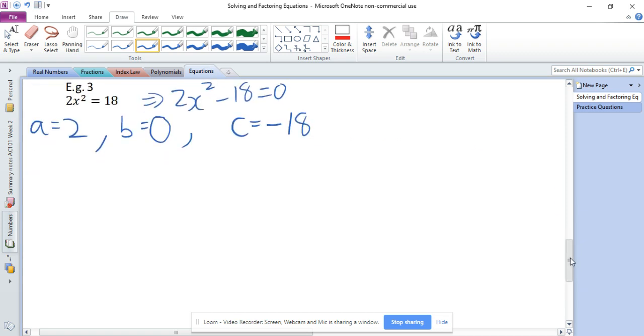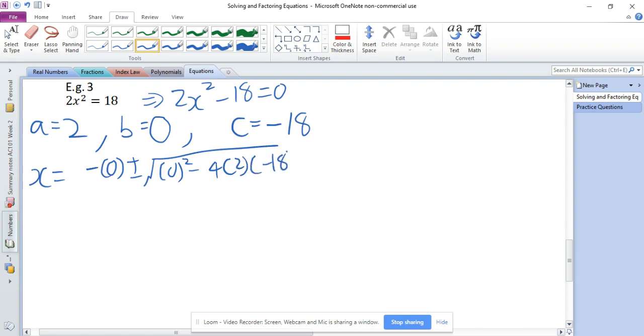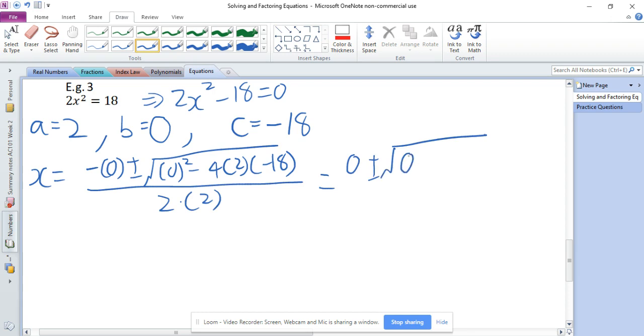Okay, so x is equal to minus b plus or minus the square root of b squared minus 4ac, divided by 2a. Minus 0 is 0, plus or minus the square root of 0 squared is 0, plus 144, divided by 2 times 2, which is 4.